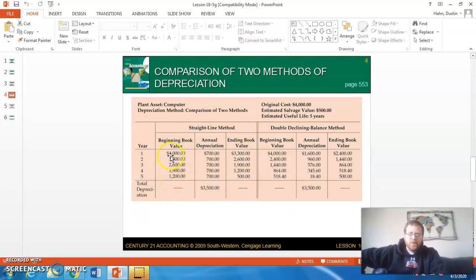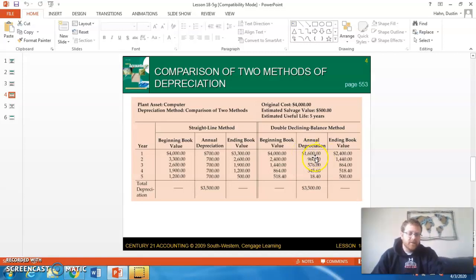So you start with $4,000 right here, and you still end with your $500 because that's your salvage value. But look how different these numbers are from your straight line method to your double declining method. So this is your straight line. To get your double declining, again, all you do is take your $4,000 divided by your 5. That's your 800.